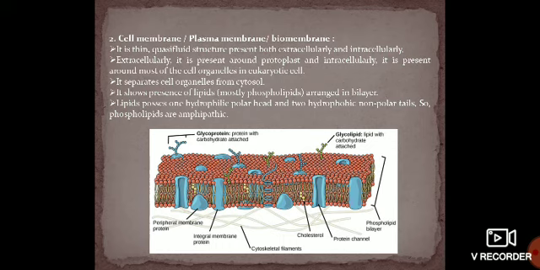And intracellularly it is present around most of the cell organelles which are embedded in the cytoplasm in the eukaryotic cell. So basically we see this cell membrane is present externally as well as internally, helping in the separation of the cell organelles from the cytoplasm, which is also called the cytosol.